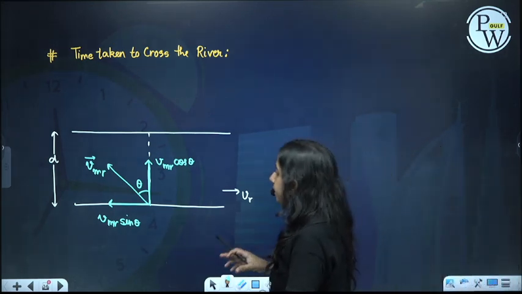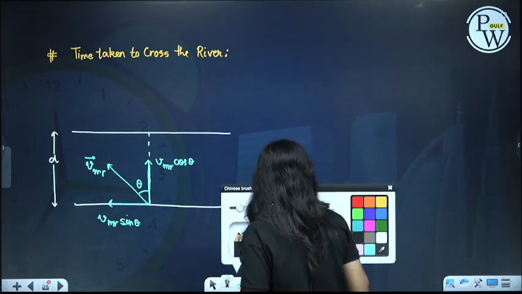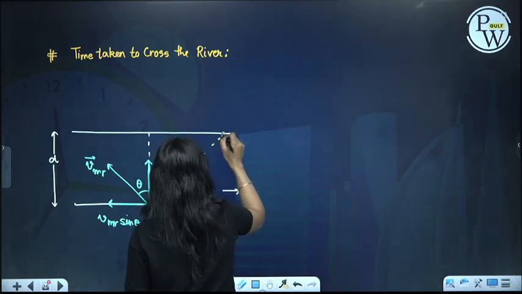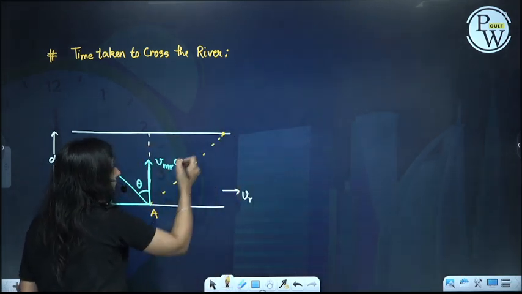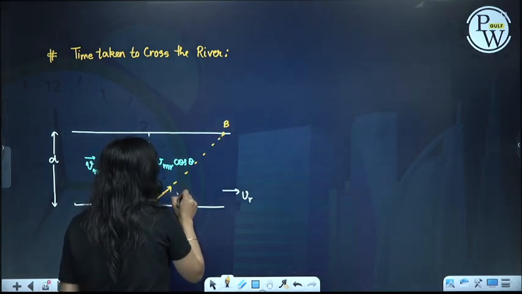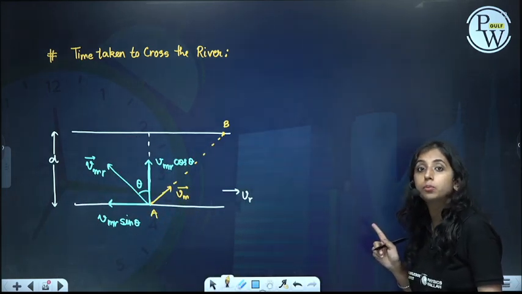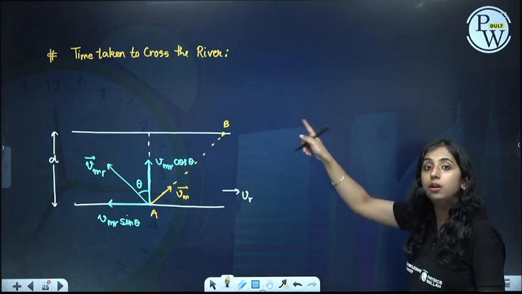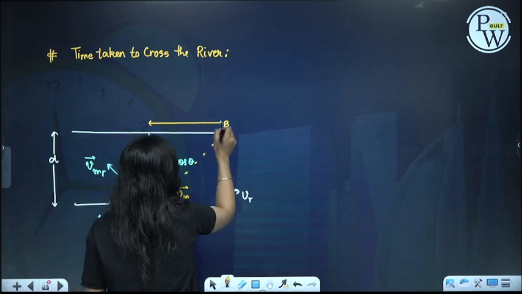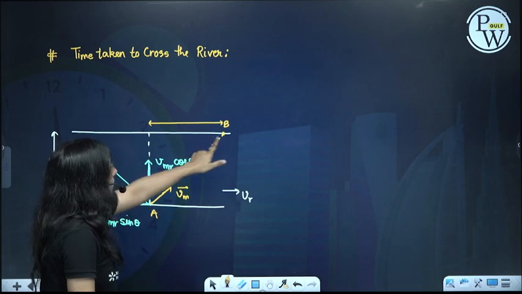Now the velocity in vertical will be vmr cos theta. Actually the man will be moving like this. If he started from a, he will reach this point b. This will be the direction of velocity of man from the ground, and the man in actual will reach the point b.